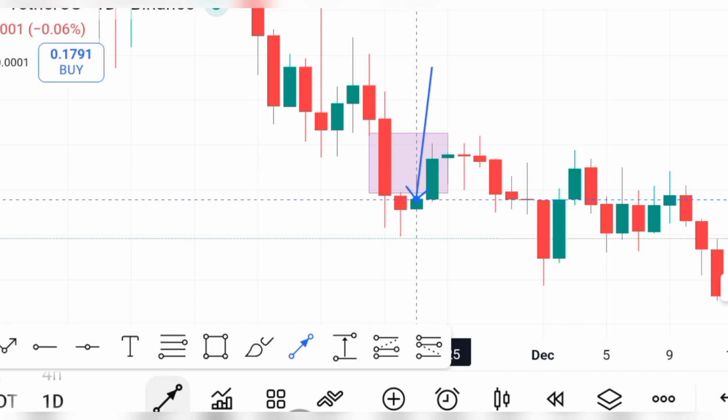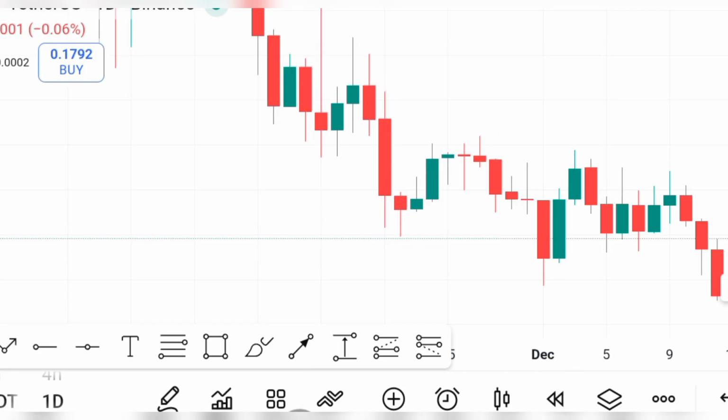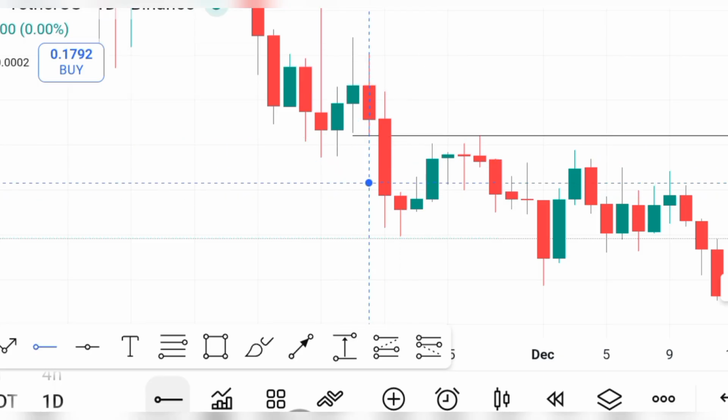When we are drawing that fair value gap, you know that we always consider the wick. Let me make it clear here. We always draw from the wick of this candle and this candle right here.